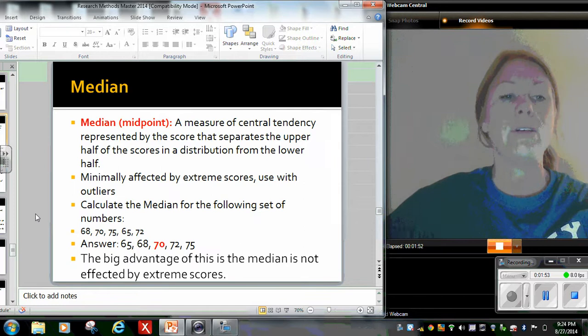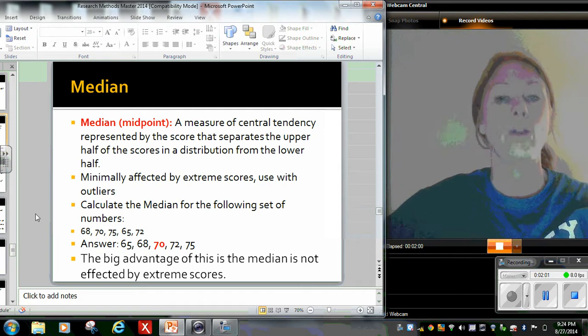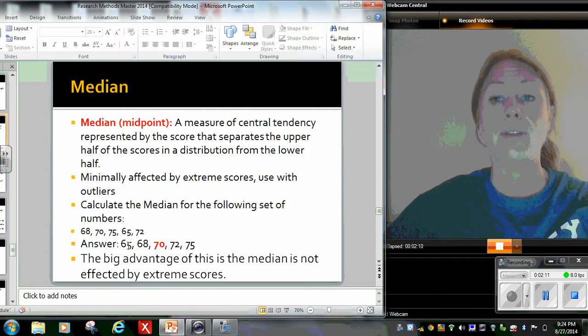Let's take a first look at median. Median is the midpoint, a measure of central tendency represented by the score that separates the upper from the lower. Okay, it is looking at the middle number of all the scores. So if I had all my scores right here, the first thing I'm going to do is probably put the scores from lowest to highest.